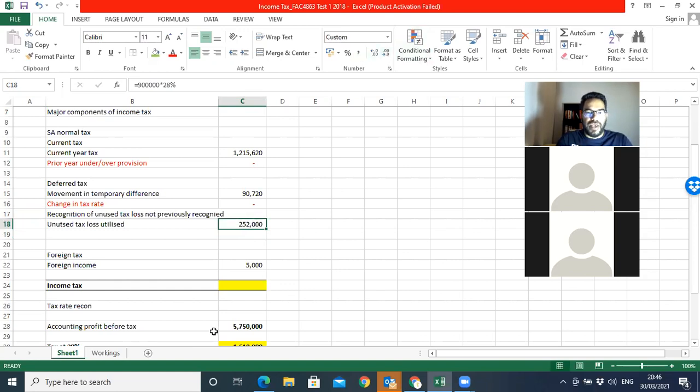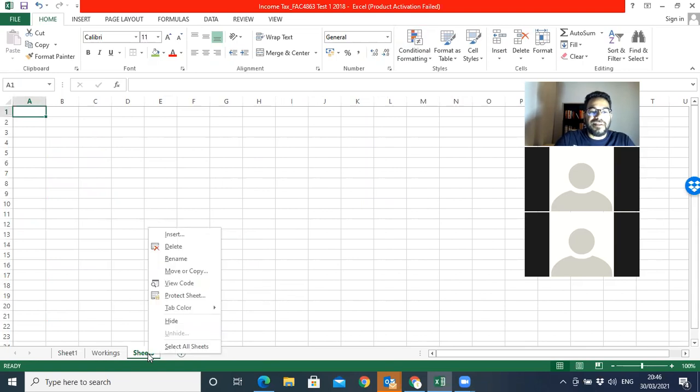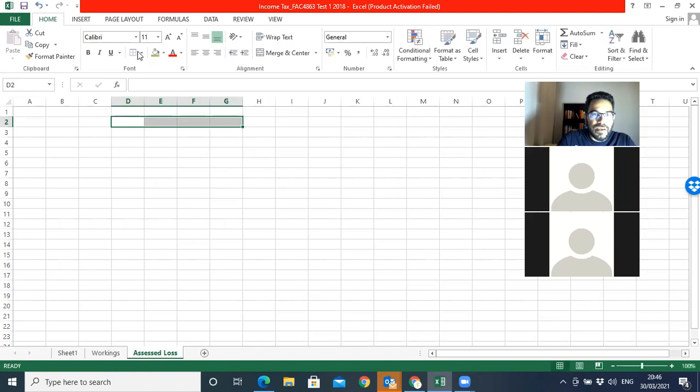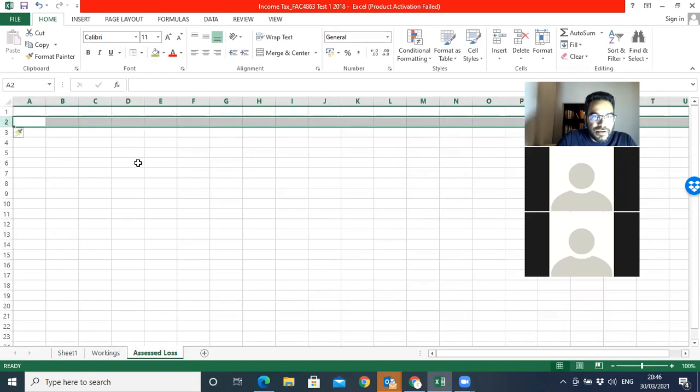Before I go into that, let me just do a workings for the assessed loss. I'm doing a T account for the assessed loss. Hopefully this will make us understand it. So just pay careful attention here now. We are running a bit over, apologize for that.